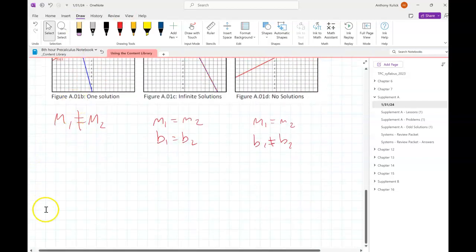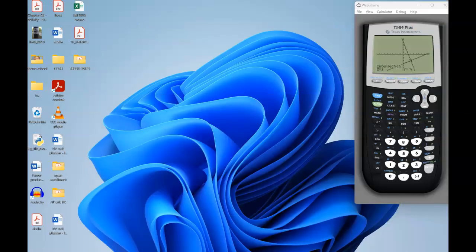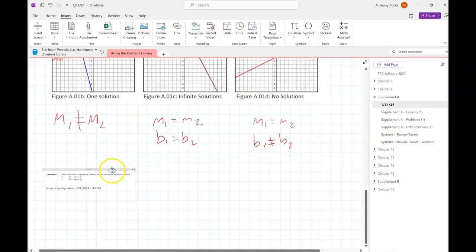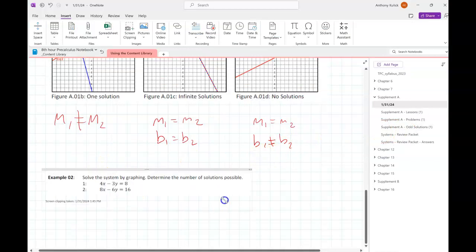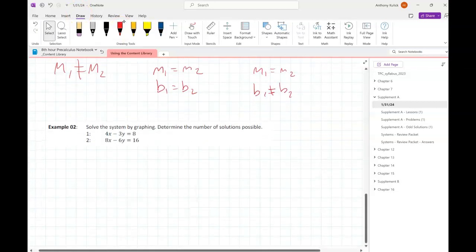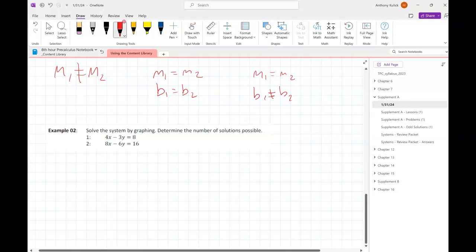Let's look at an example where we do that. All right, so just like before, my first order of business is going to be to rewrite these into slope-intercept form. So what do I have to do here for the first equation?